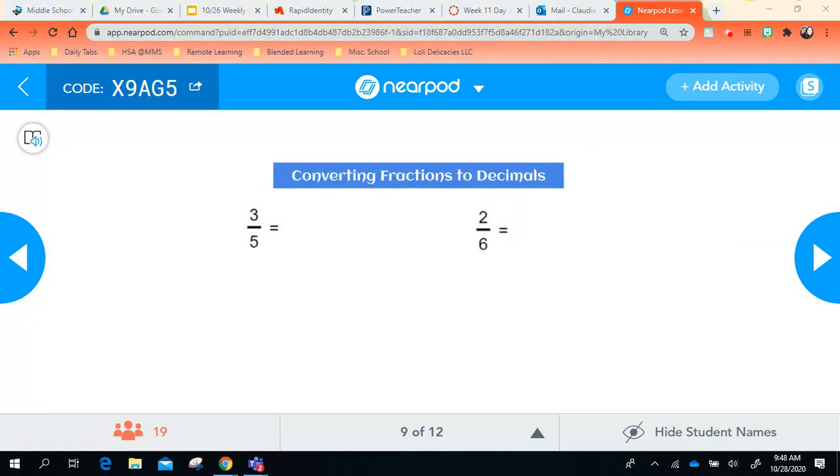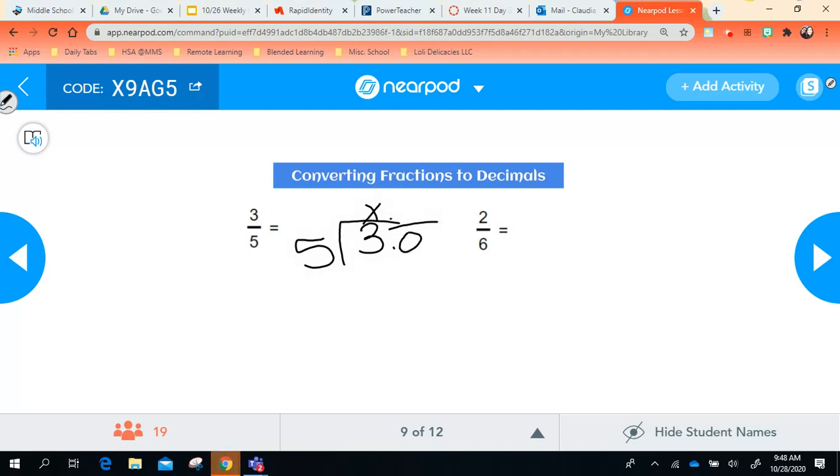Okay, 3/5. What goes in, what goes out? 3 is in, 5 is out. Does 5 go into 3? No. So what do I do? Decimal 0. Does 5 go into 30? Yes.